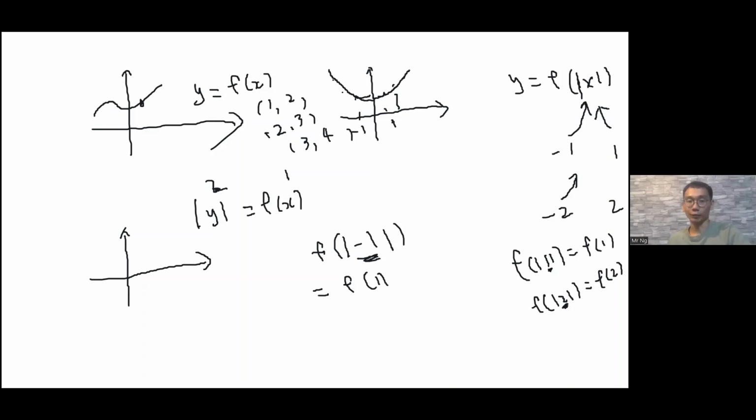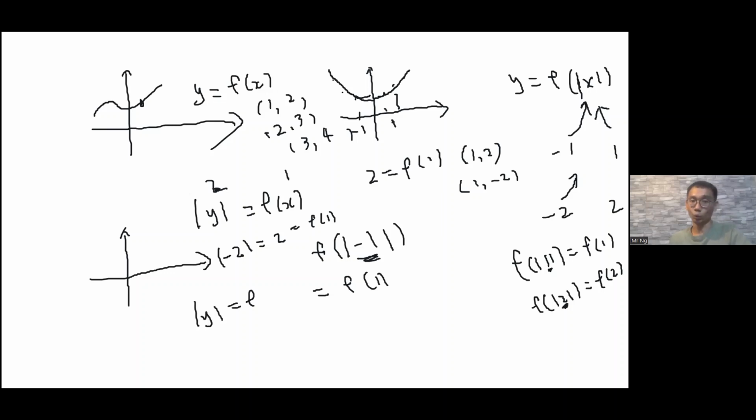So the relationship that relates them is 2 equals f1. If I put a negative 2 here, negative 2 equals 2, so 2 equals f1. In the first example, the x and y coordinate is 1 comma 2. The second example is 1 comma negative 2. That's what I mean by every x, there will be two y values corresponding. For example, negative 1 and 1, negative 2 and 2.